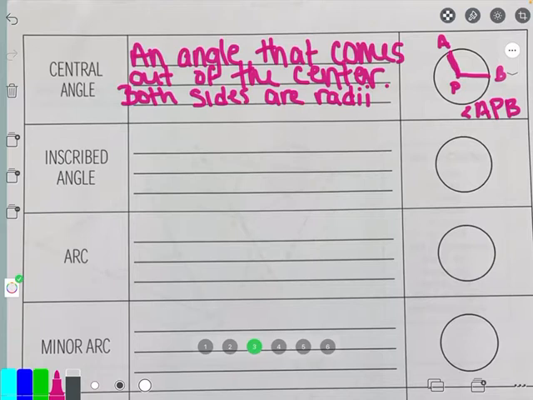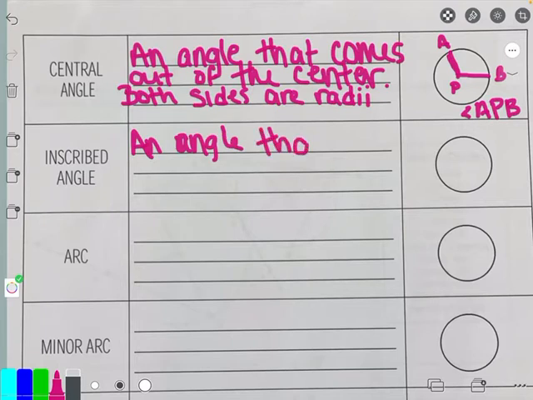Inscribed angles, very similar, but this is an angle that comes off the circle. And instead of both sides being radii, both sides will be chords.